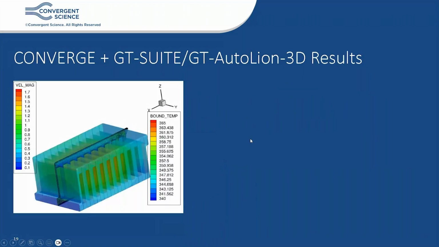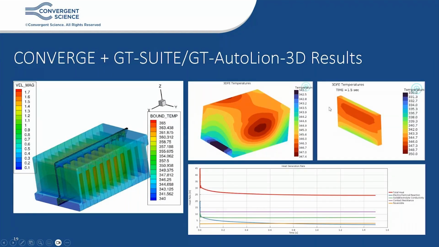So looking at results for that particular simulation, here you look at flow results. In the CONVERGE simulation, the 3D boundary temperature distribution comes from the GT-SUITE simulation that solves for temperature distribution in the casing and also in the pouch cell. Within the pouch cell, AutoLion 3D evaluates for electrochemical reactions, reversible reactions, and so forth.